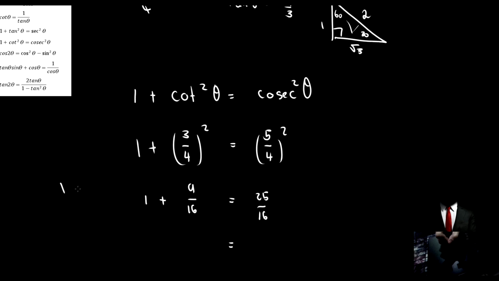We can change 1 to 16 over 16. So in this case, we have 16 plus 9, which is 25 over 16, is in fact equal to 25 over 16.